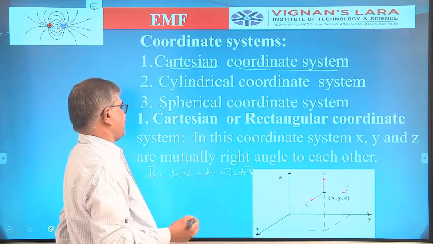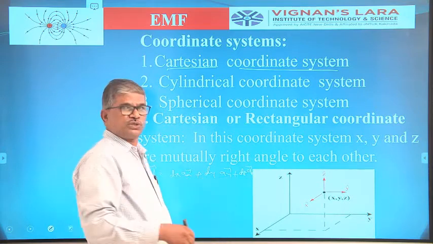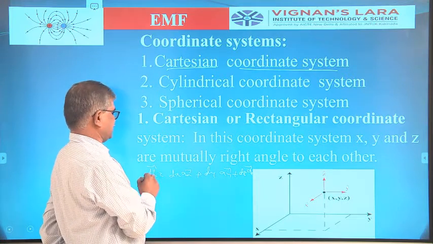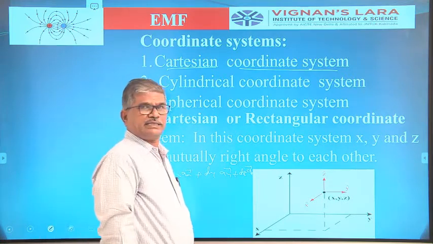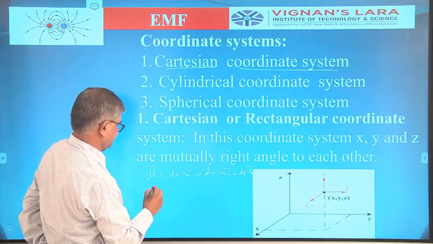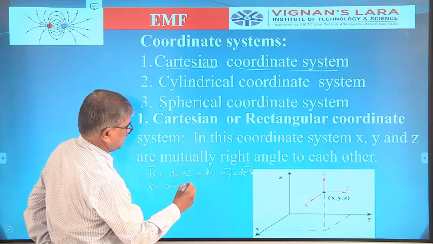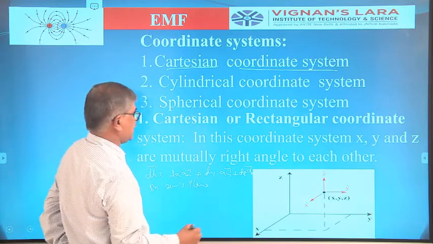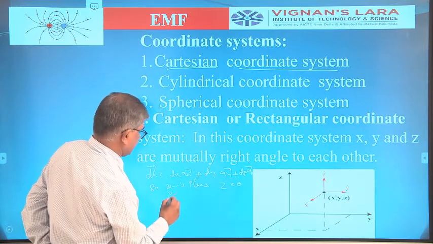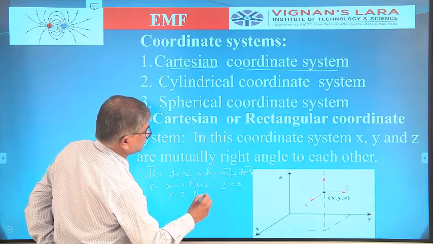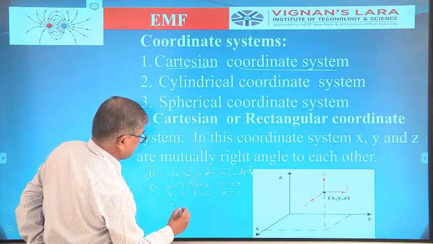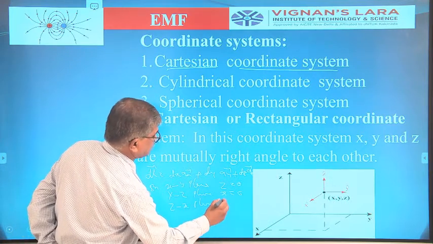In the xy plane, this component dz az is 0. So along the x-axis, the differential length dl bar is equal to dx ax bar. In the xy plane, z equals 0. In the yz plane, x equals 0. In the zx plane, y equals 0.